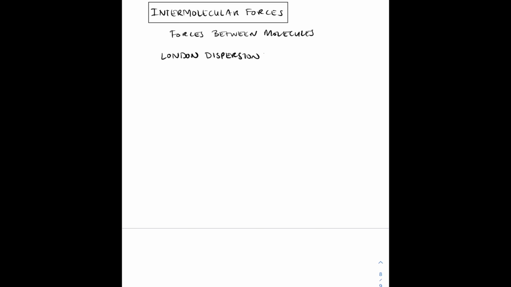Dispersion forces. And these are also known as van der Waals forces, right?